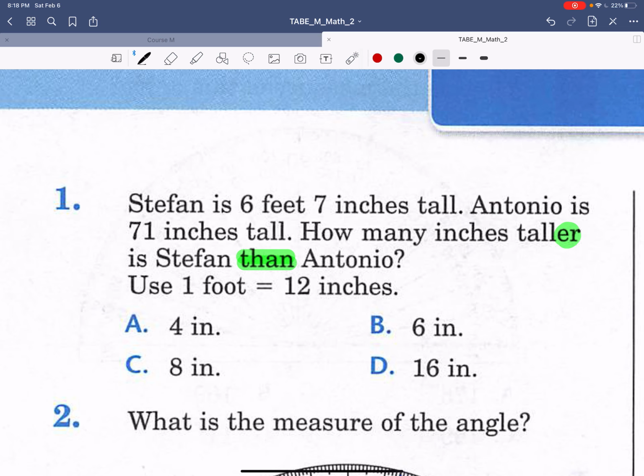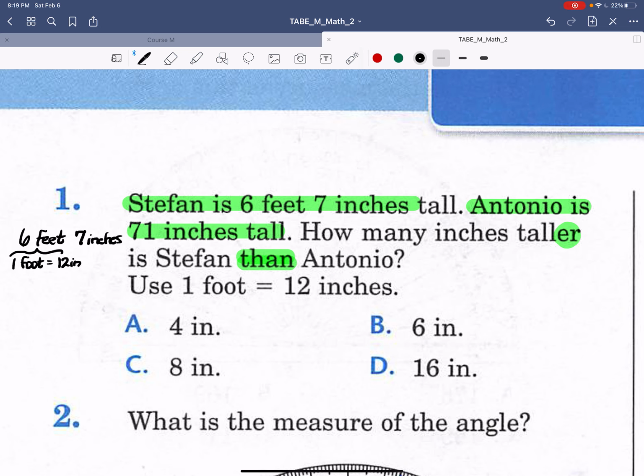Antonio's good to go. We already know that Antonio is 71 inches tall. But Stefan, we need to do a little work on Stefan's number. So Stefan is 6 feet, 7 inches tall. So we need to know how many inches are in those feet. Now I know that 1 foot, they tell me right there, is 12 inches.